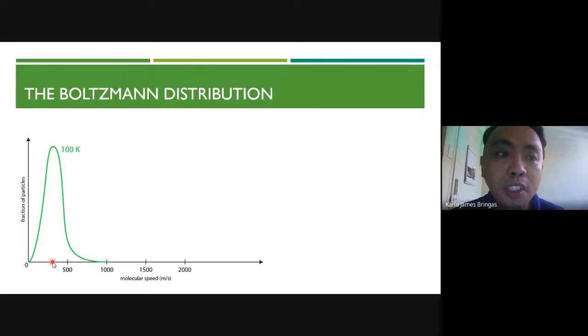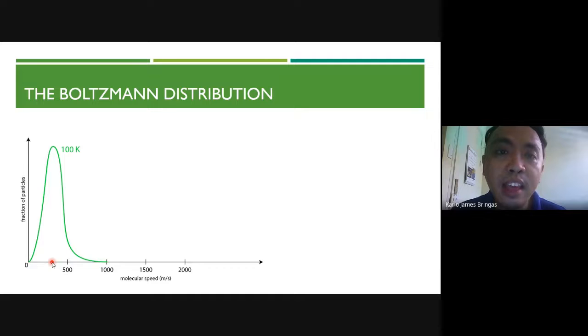Most probable because the majority of them have that particular speed. If I get a ruler and measure the distance from 0 to 500, I would estimate this to be around 300. So the vast majority of our gas particles have a most probable speed of around 300 meters per second.